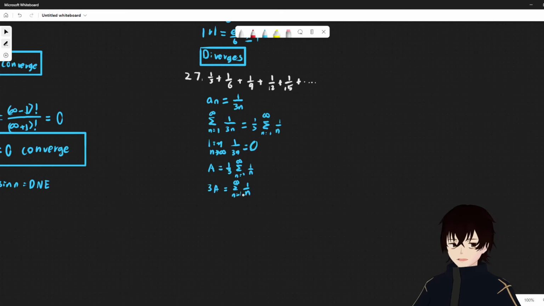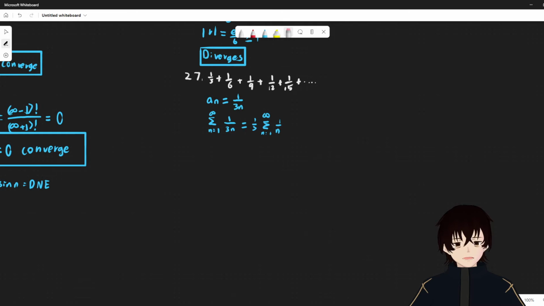Wait, does the series 1 over n diverge? Huh. Why does 1 over n diverge? Oh, I guess that's something I'm just supposed to remember.